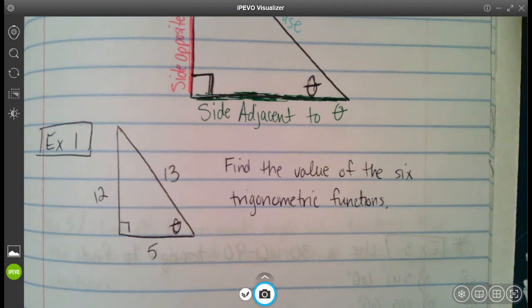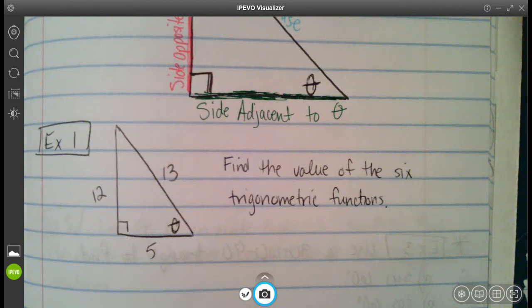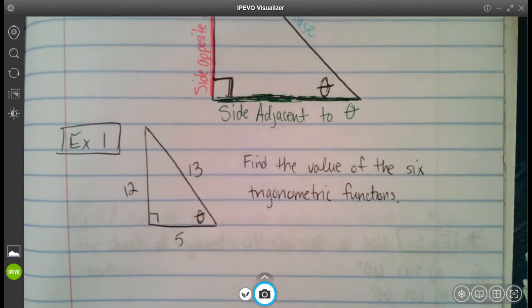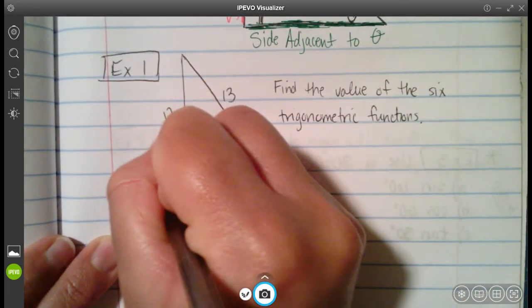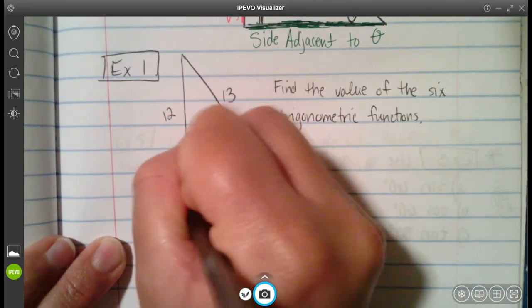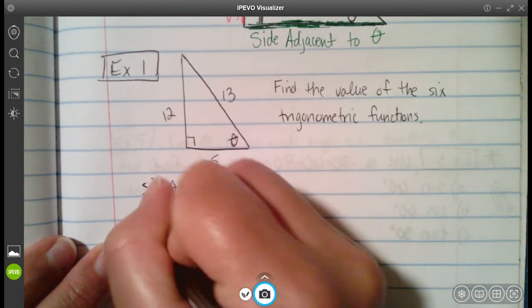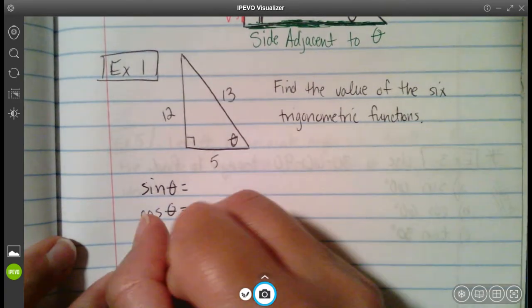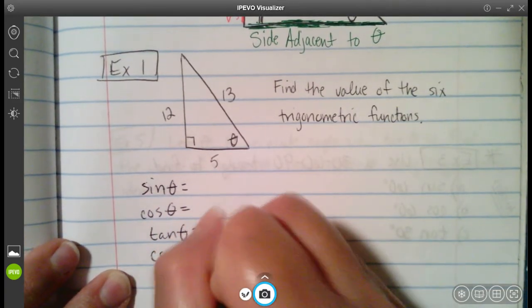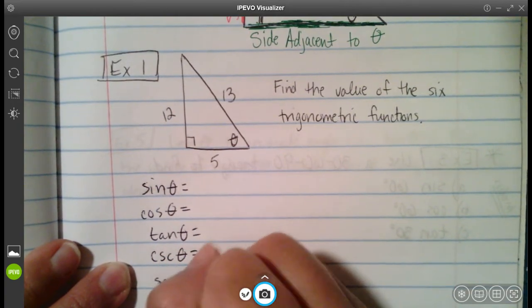All we need to do for this part is write the ratios that go with each of the functions: sine of theta, cosine of theta, tangent of theta, cosecant of theta, secant of theta, and cotangent of theta.